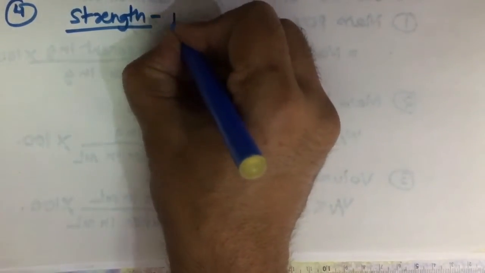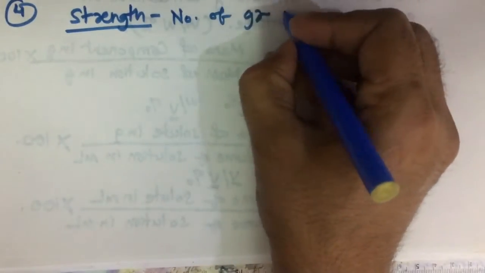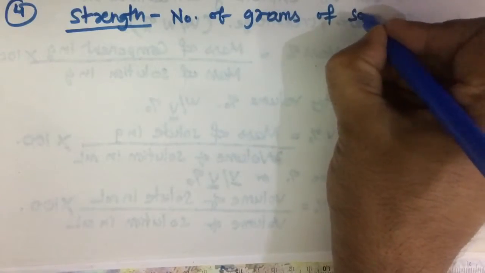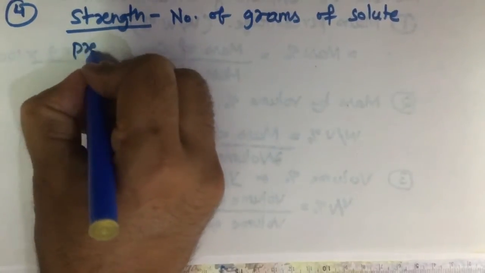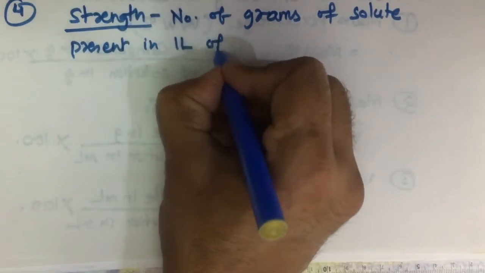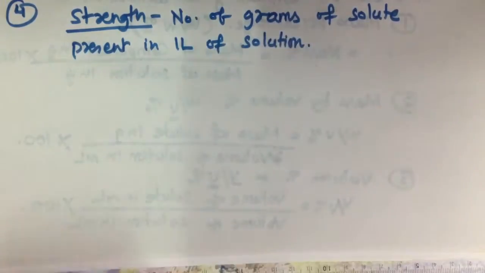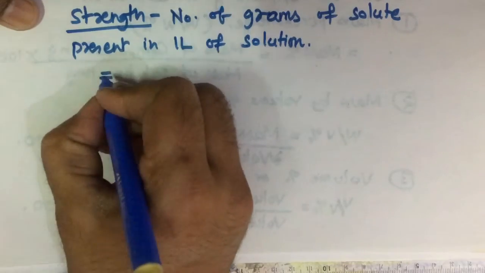It is the number of grams of solute present in 1 liter of solution.